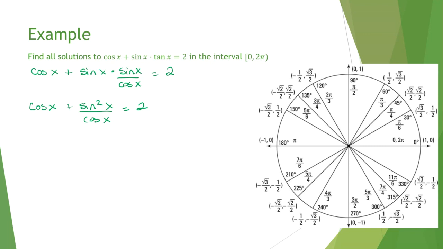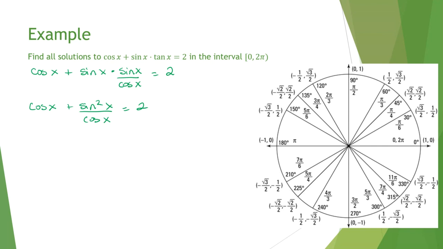So now we have two potential things we can do here. We could multiply both sides by the cosine of x to get rid of the fraction and see what happens there, or we can try to get a common denominator and go from there. I think most people would probably want to get rid of the denominator, so multiply everything by cosine x.